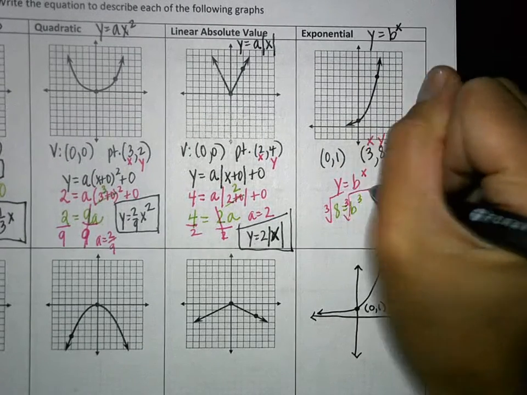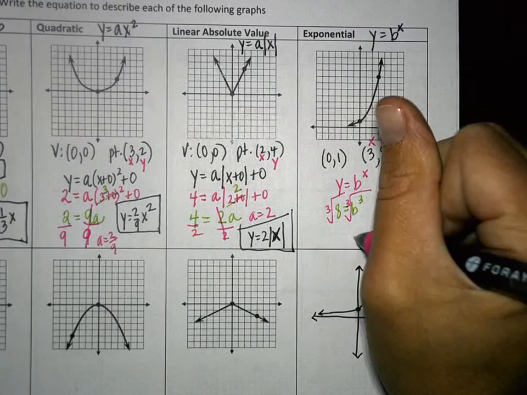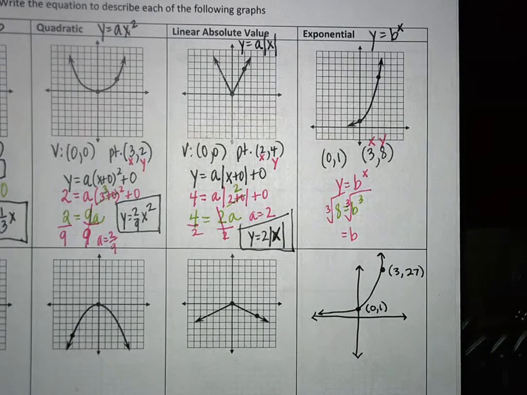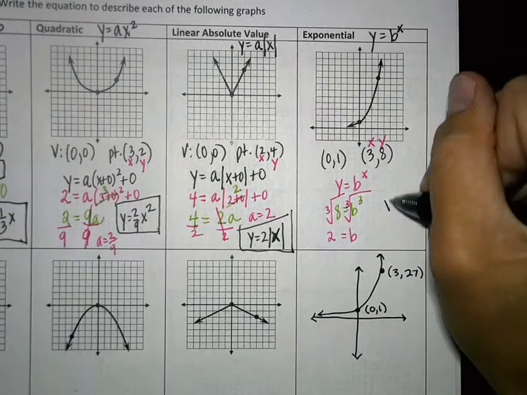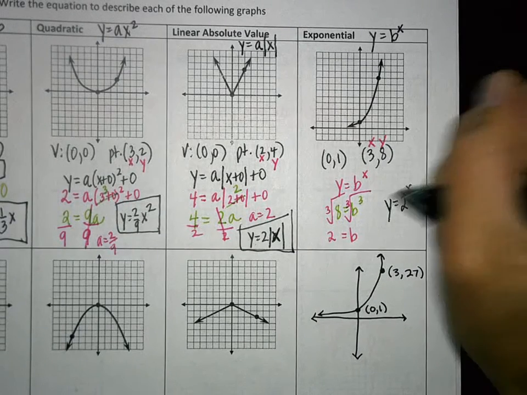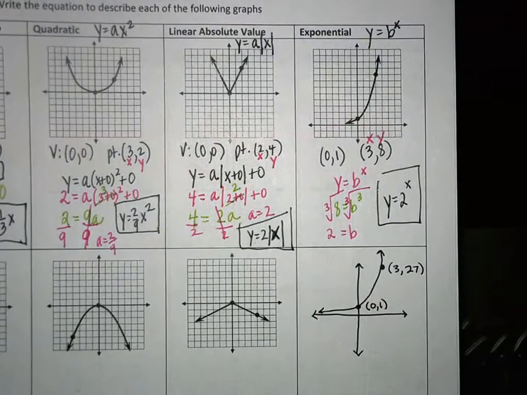Okay, and so when you take the cubed root of b cubed, you get b, and the cubed root of 8 is 2. Because remember that 8 is actually 2 times 2 times 2. So there's 3 2's, which makes it 2. Okay? And so what will my equation for this be? Y equals 2 to the x power.